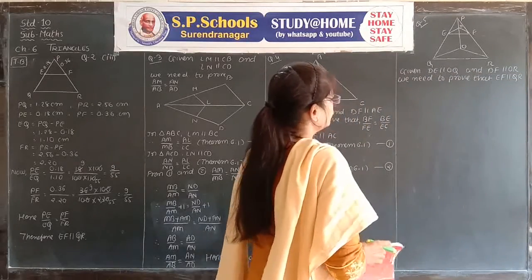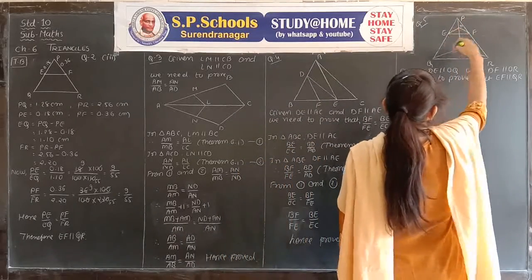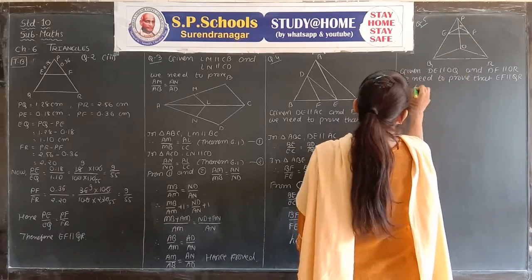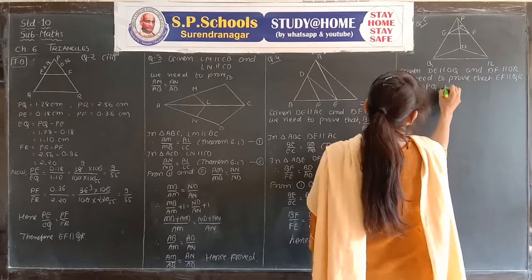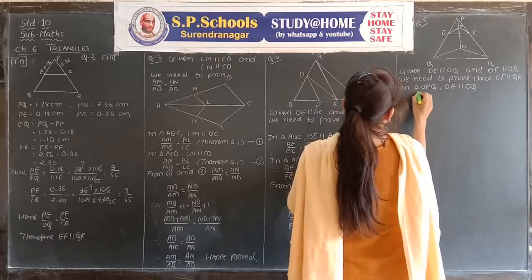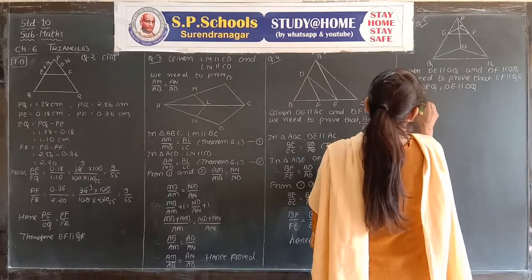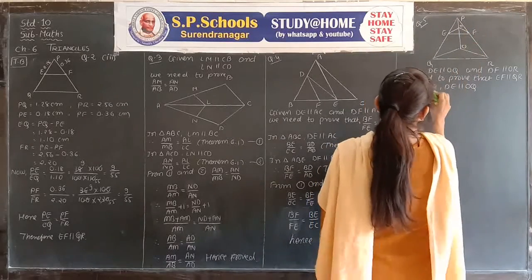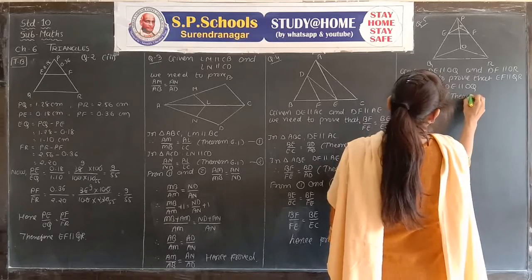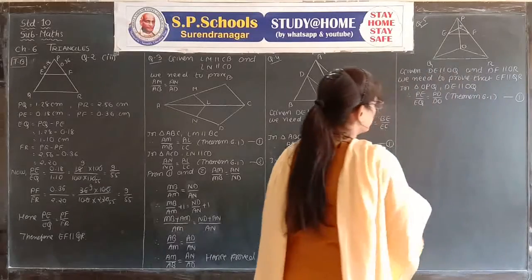First of all, we use DE parallel to OQ in triangle OPQ. In triangle OPQ, DE is parallel to OQ. Therefore, PE upon EQ is equal to PD upon DO, by Theorem 6.1. This is result number 1.